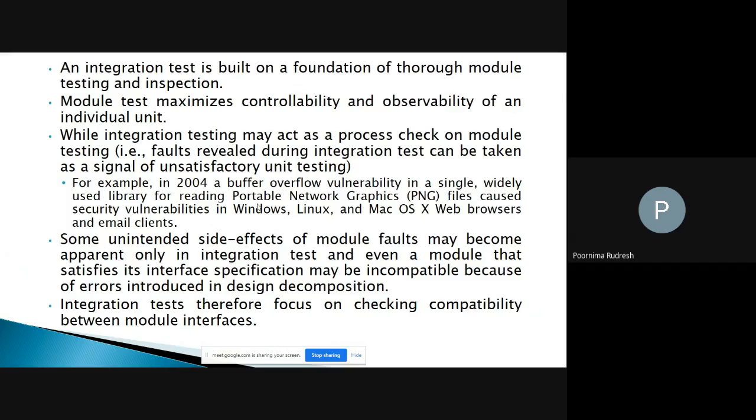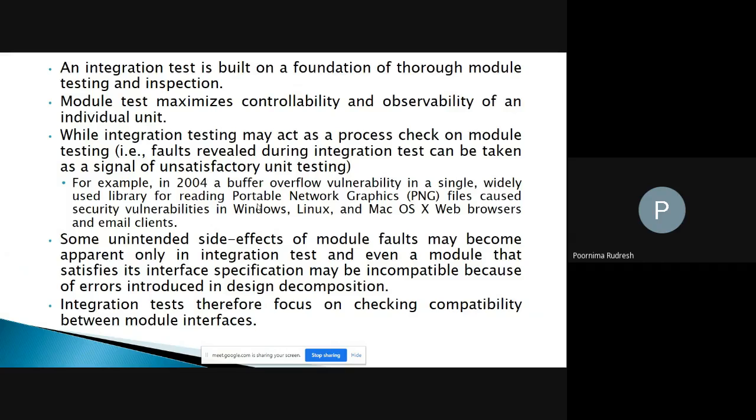Next, we'll see some unintended side effects of module faults that become apparent in the integration test. Even a module that satisfies its interface specification may be incompatible. Why? Because of errors introduced in design decomposition. And hence, in the integration testing, we are focusing on checking the compatibility between the module interfaces.